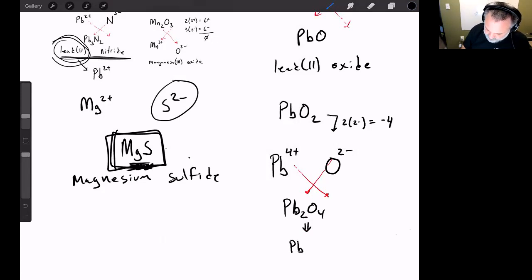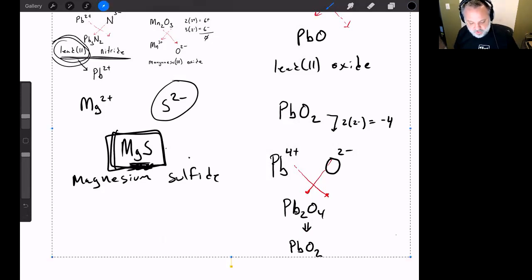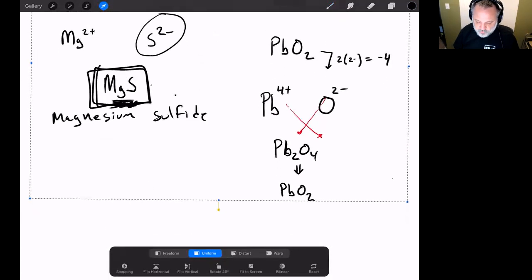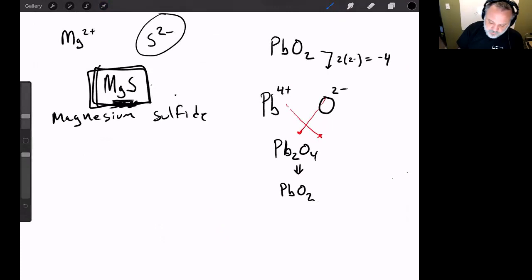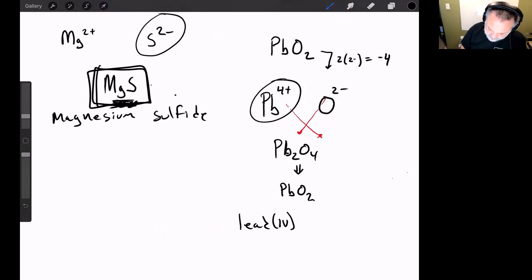And so I would do that and I would write PbO2. So now that we've checked our work, the lead ion in this case is the lead 4 ion. So the name of the compound is lead 4 oxide.